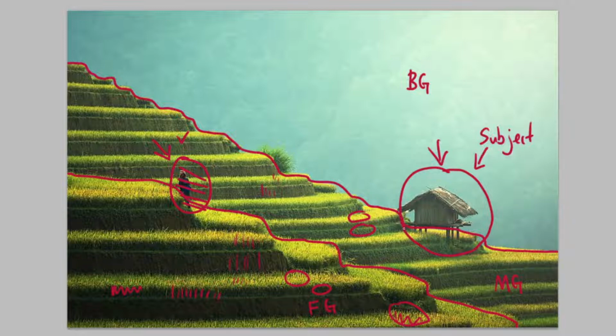Maybe 2 steps more, and that should be good enough. And then your background is the easiest thing here. And after you're done with all this, you do the subject here, the little house. Those are the simplest things.